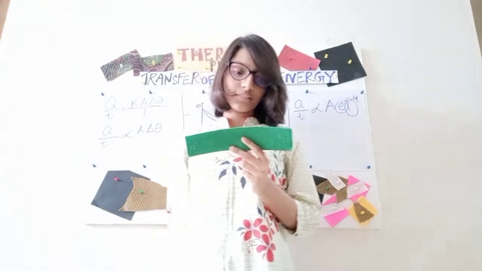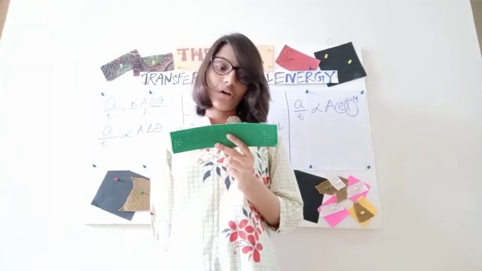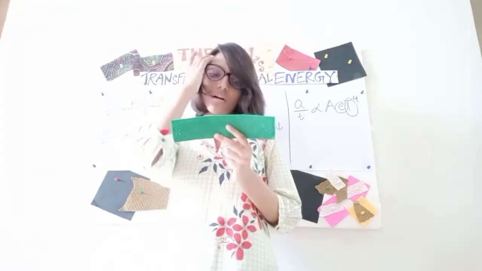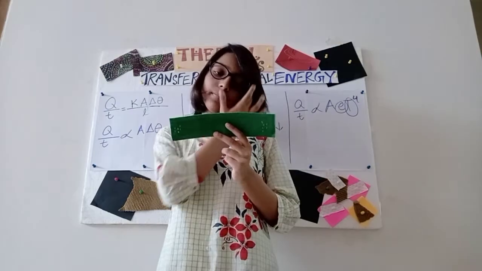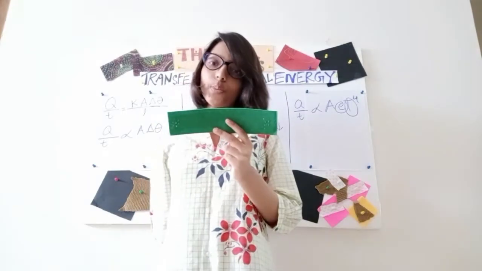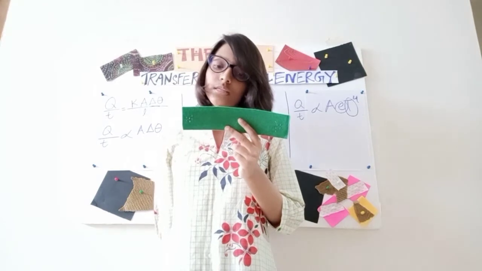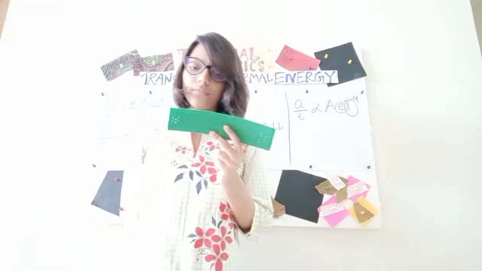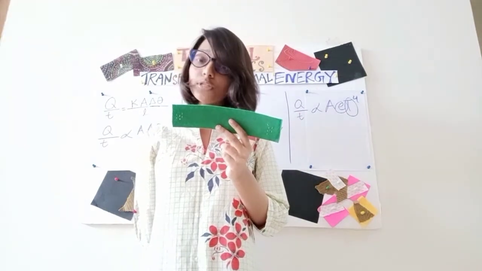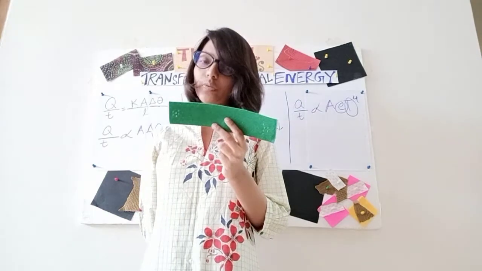Why are the tubes painted black? Option A, black surface absorbs radiation well. Option B, black surface conducts heat well. Option C, black surface emits radiation well. Option D, black surface reflects radiation well.